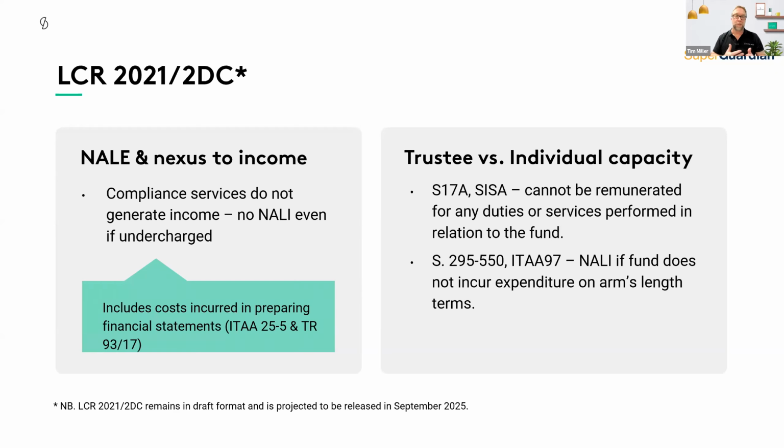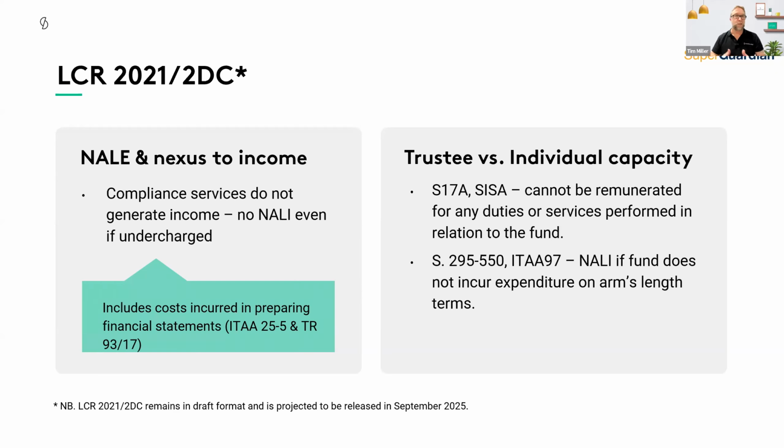The fact that I don't pay myself to do admin, right, will come into this whole concept on the other side of the screen, which is the trustee versus individual capacity. And of course, what we know is that under 17A of the SIS Act, I cannot be remunerated for any duties or services that I perform in relation to my fund as trustee. That is hardwired into what I can't do. And so when they say, okay, are there circumstances where potentially I could be paid for the work that I do?